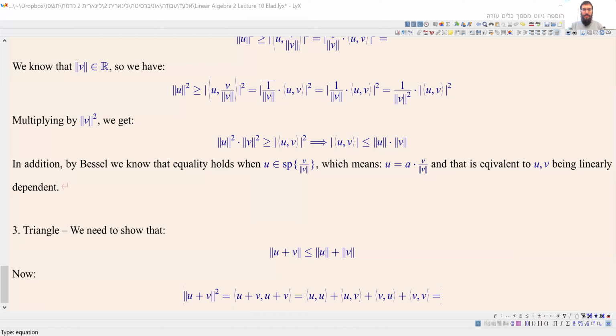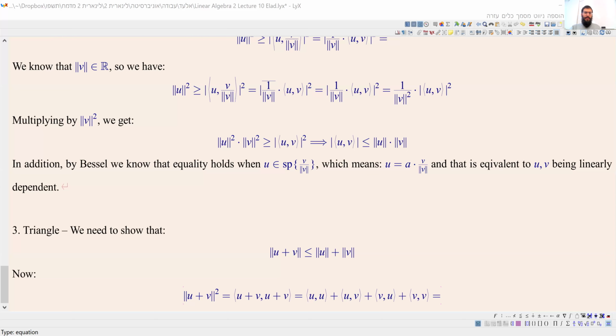Now, what can we say about each element of this sum? First of all, u with u is the norm of u squared, and v with v is the norm of v squared.